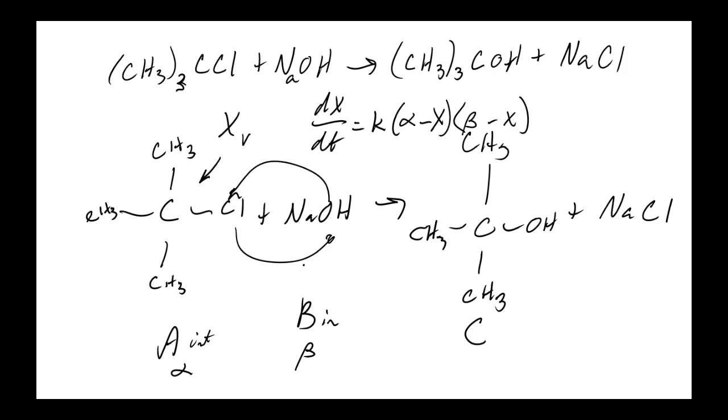But it's just showing you could have a differential equation in the amount of T-butyl chloride, whatever it happens to be, and it'll depend on how much you had of this originally, how much you had of that originally, and your rate of reaction will be a product of the two.